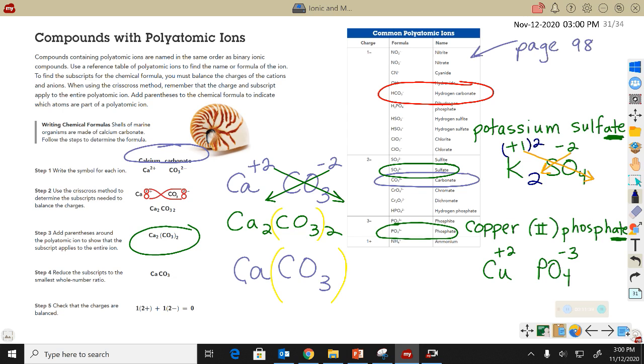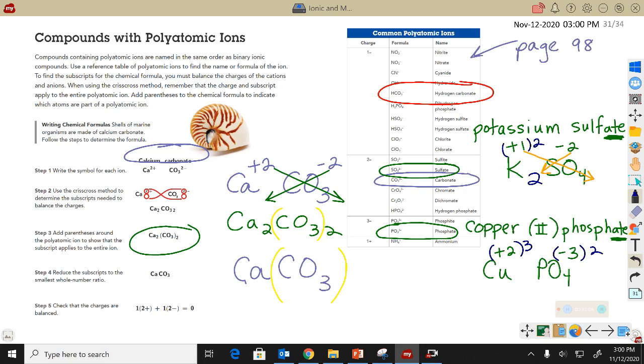So if I multiply the copper times 3 and the phosphate times 2, I would get a +6 minus 6. And what that means is that the copper will donate a total of 6 electrons. Each copper has 2 to give, so if I have 3 copper, I'll give a total of 6.